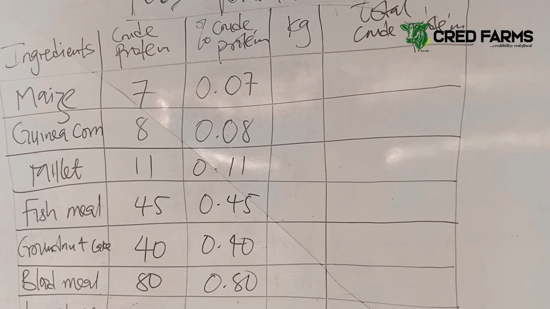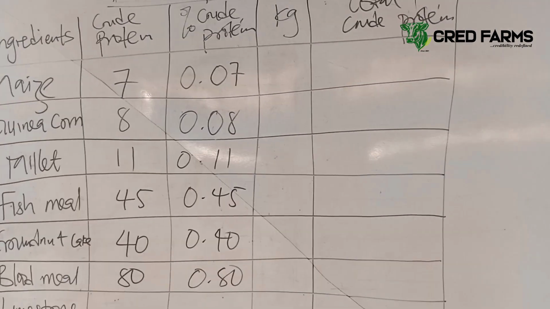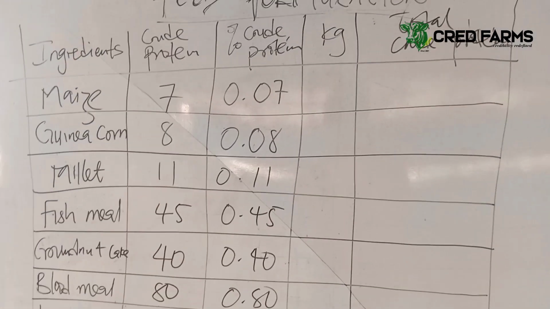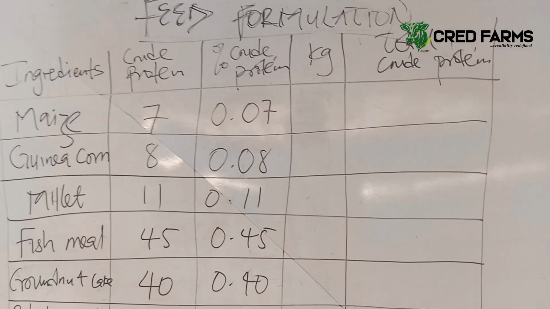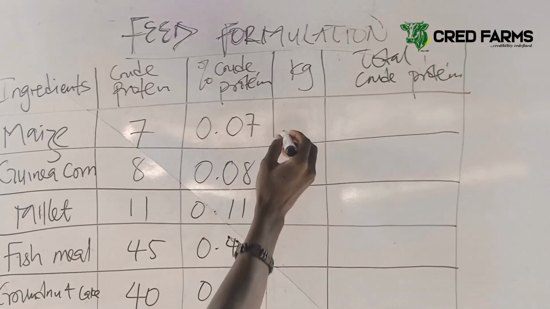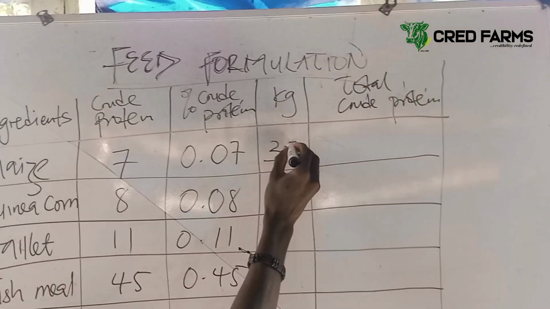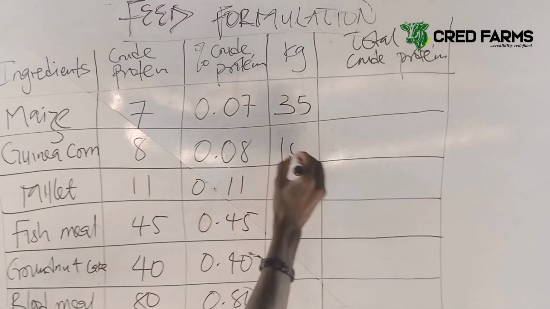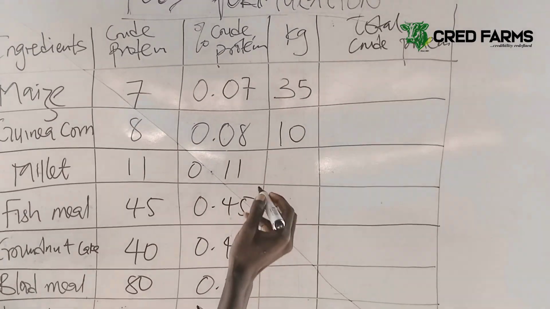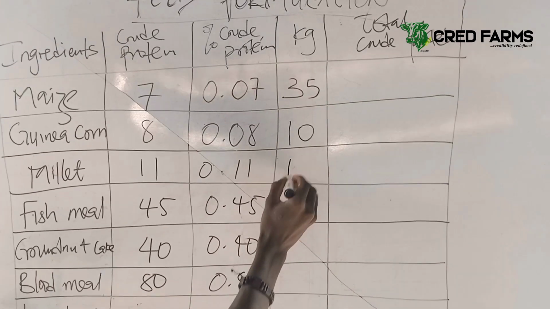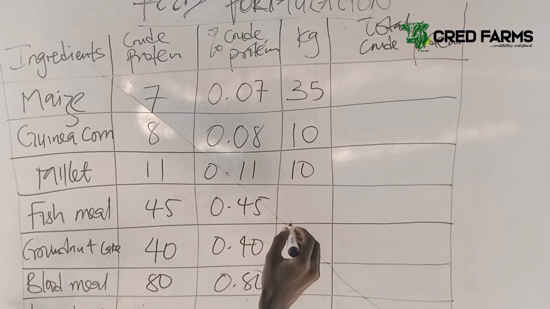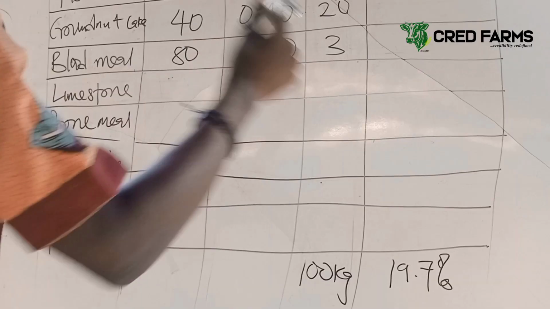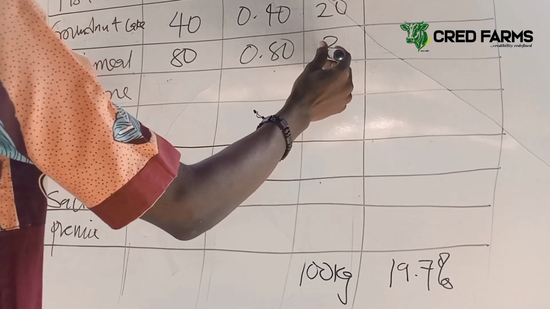So it's just a simple trick that will help you know exactly what the figures should look like. All right, so I already have some figures here, because if you want to do trial and error from scratch on this video, we'll spend hours doing that. What I put here is 35. We have 10. Remember it's 100 kg we are looking for. We have 10, and 10 here also. I have 11. I have 20. 30 for blood meal.